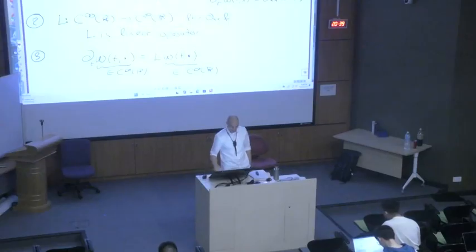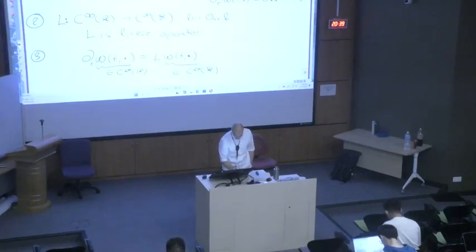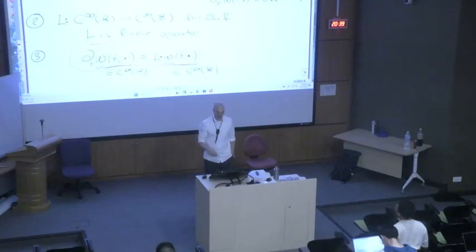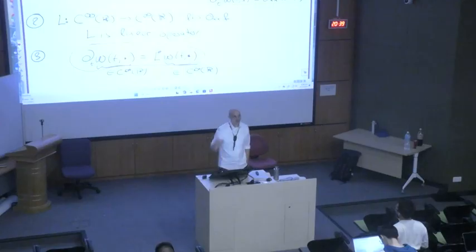Okay, and what do you see? It's actually a very similar form to the ODE that we considered. In one dimension, a linear operator is just a multiplication by a number.